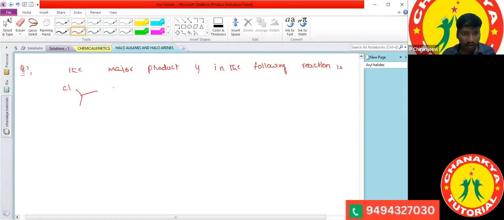Sodium ethoxide, EtONa, and heat, giving X. Again, it is treated with HBr, giving Y. Options: what are the options they had given? The first option has Br.